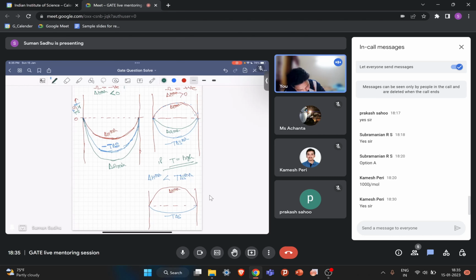So initially it will decrease here, and then it will increase, and again at the end it will go like this. So this is your delta G mix. When T is low, delta H mix is greater than T delta S mix. So everyone understood why this delta G mixing curve will look like this when your T is low.